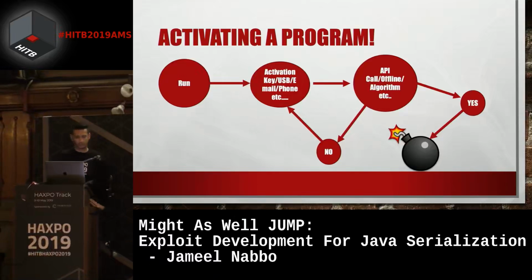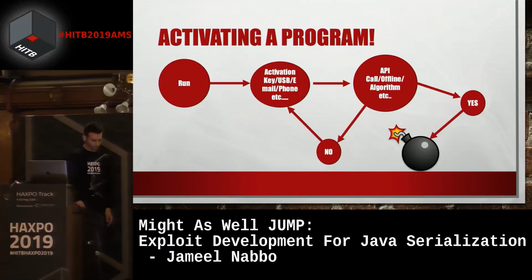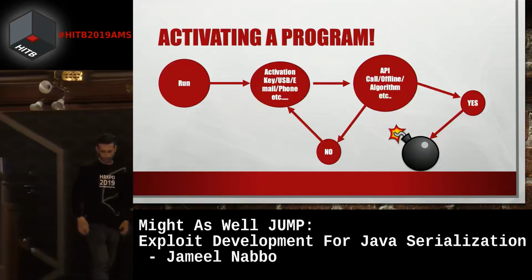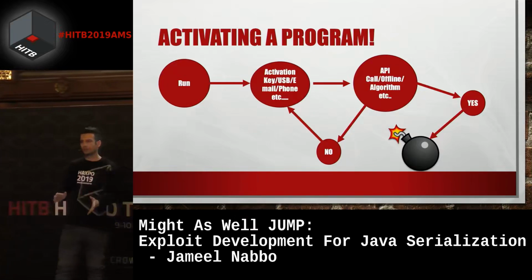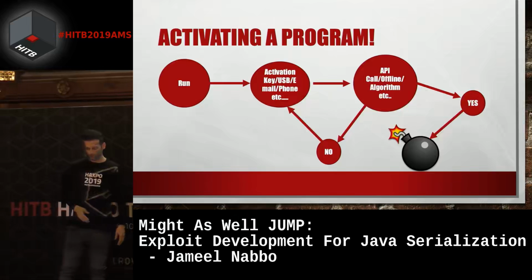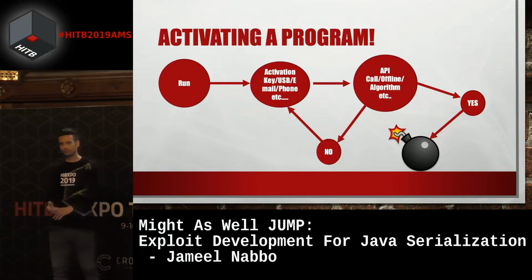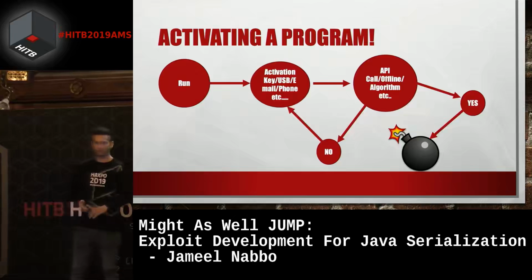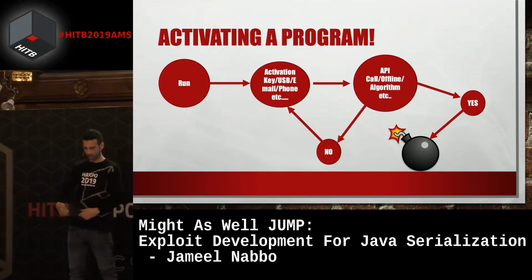It's about activating a program or software. The application should run, and whatever the complexity of running it, it depends on an activation key, mobile phone, downloading a dependency, or a USB.